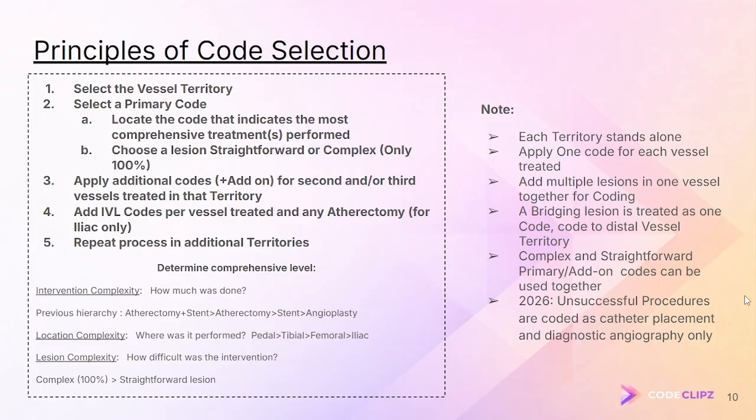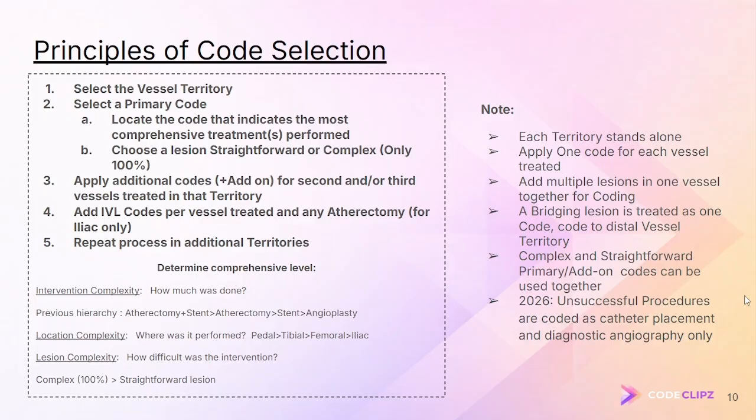For example, we place a stent in one vessel versus another vessel where we do an atherectomy and a stent. Obviously the atherectomy and stent is going to be the most comprehensive, so that is the first vessel we code and bill for. And if there are 2 that are similar, we look at the complexity. Is one straightforward and one complex? The complexity would drive our next code selection.